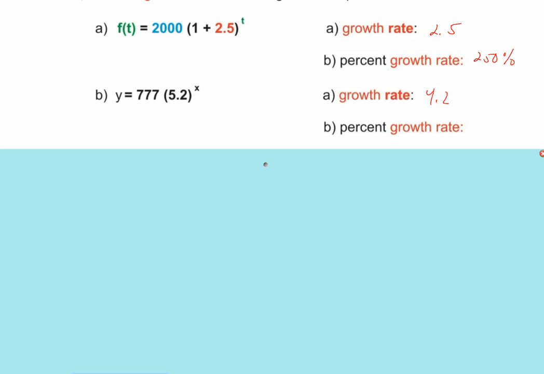Because you have to think, I need 1 plus R. And if the value is 5.2, it must have been 1 plus 4.2. Because R is what's added to the 1.